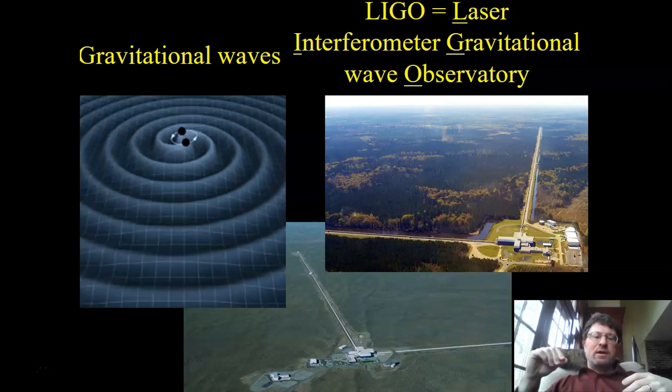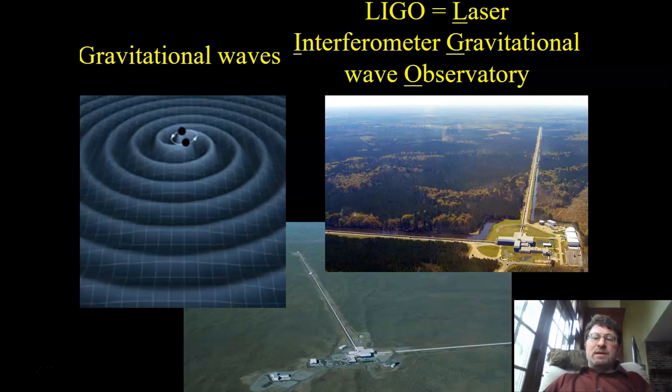Here, more generally, it might be other objects like black holes. But in any case, the energy loss causes the orbit to shrink, and the two objects orbit faster and faster and faster over time.